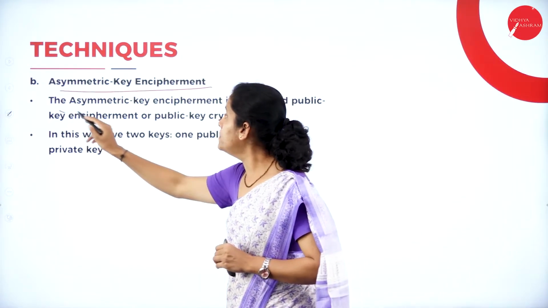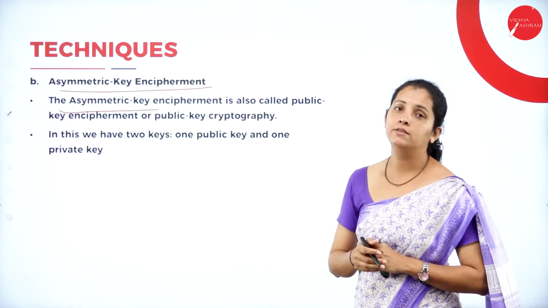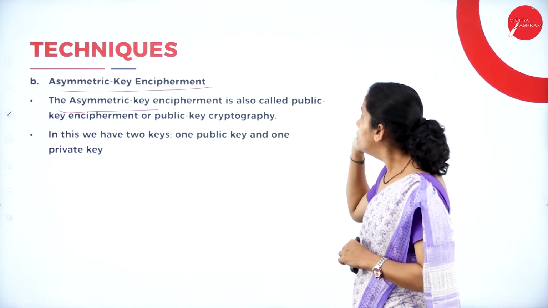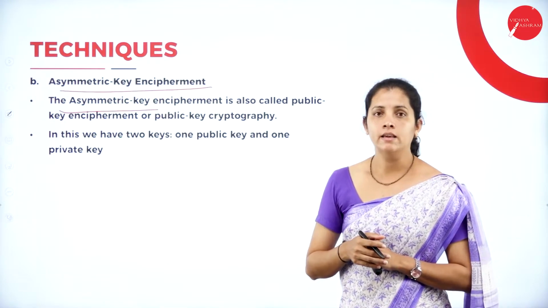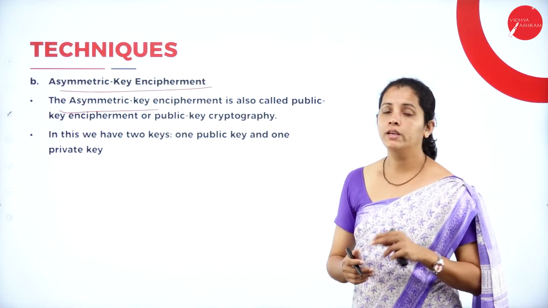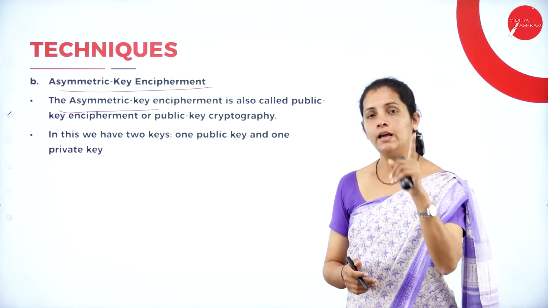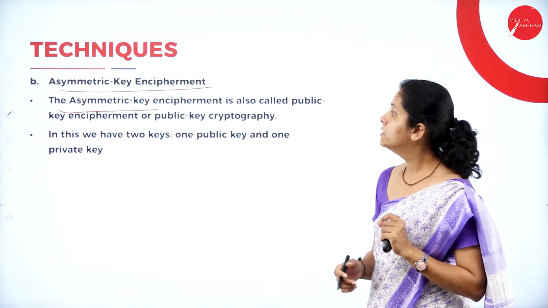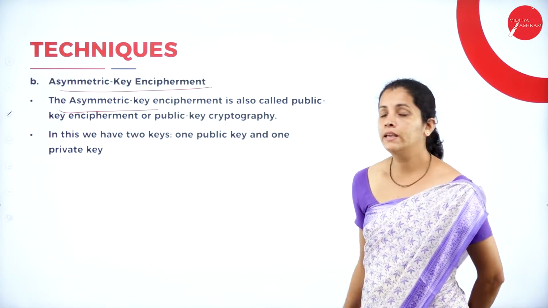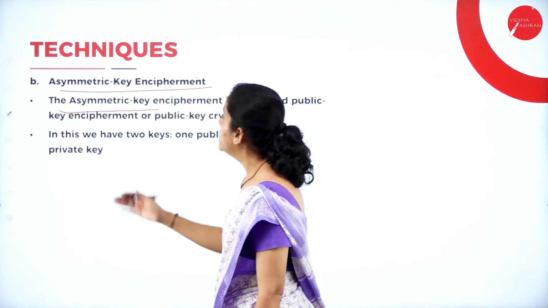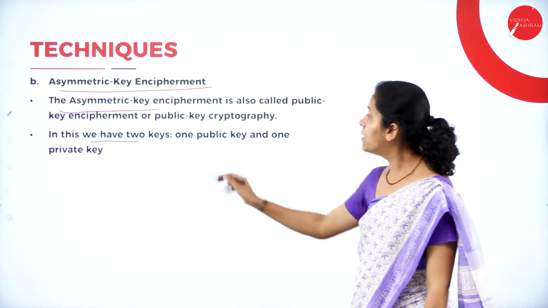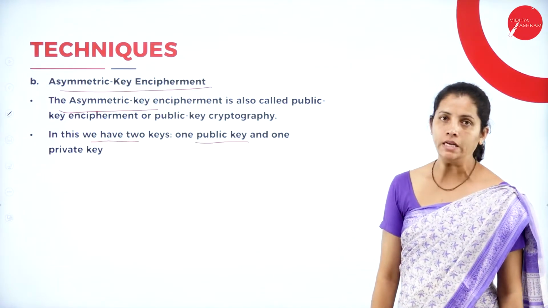Asymmetric key encipherment is also called asymmetric cryptography, or public key cryptography, or public key encipherment. Here we have two keys, one private key and one public key.